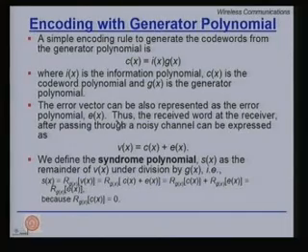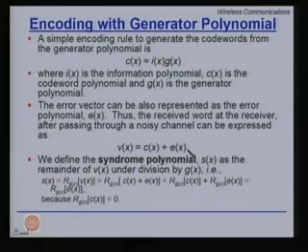Now, if you move forward and represent the received word V(x) as C(x), the code word, plus E(x), the error polynomial. You can also represent the error by a polynomial. In that case, we can define something called a syndrome polynomial S(x) as the remainder of V(x) under the division by G(x).